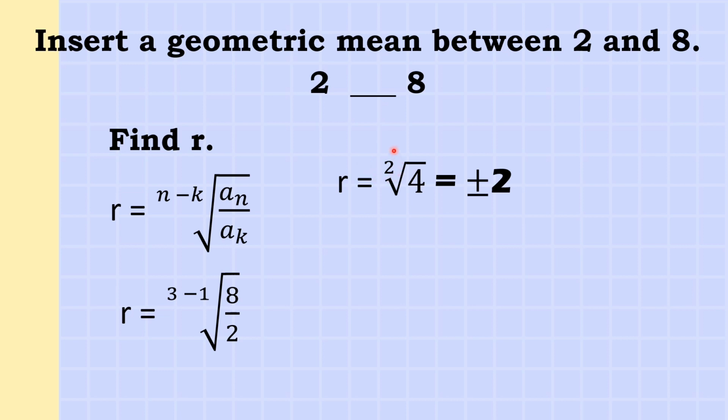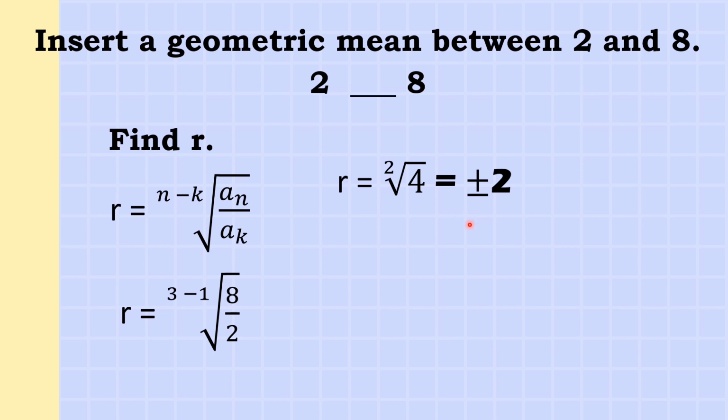Remember, when the index is an even number and the number inside is a positive number, there are always two possible answers. One is positive and the other one is negative. Therefore, the square root of 4 is equal to positive or negative 2. There are also two possible answers in this problem.